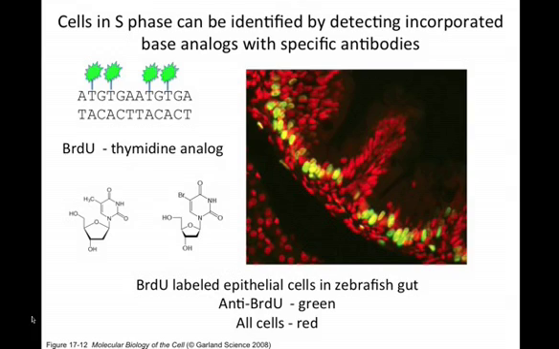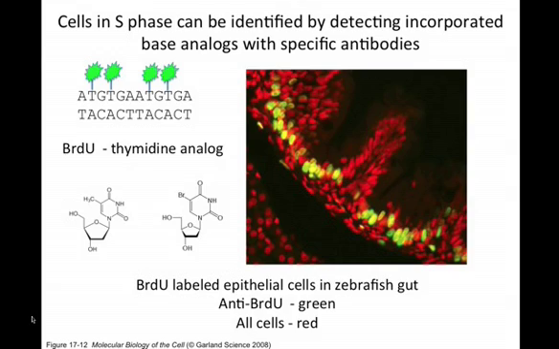Yep. So would it depend on the type of drug that you're using and what you want to do to those? Yeah, this is exactly it. This is a method that can be used to answer any question where your question is, does this affect S phase?